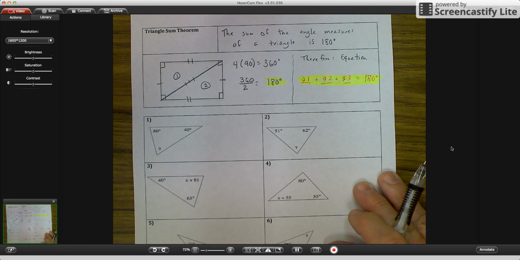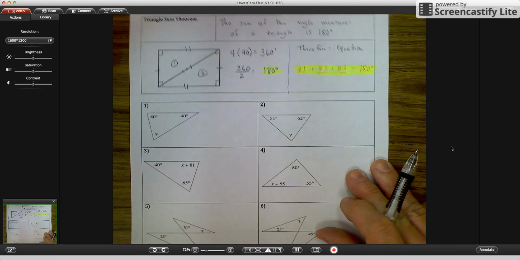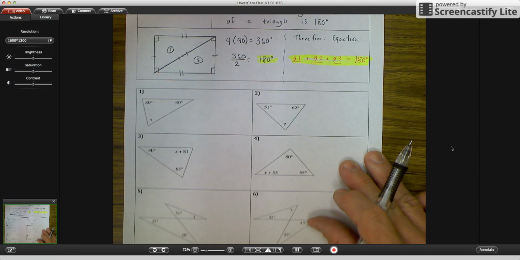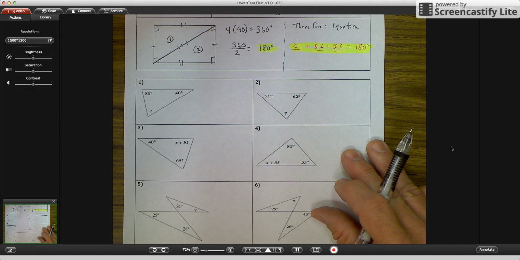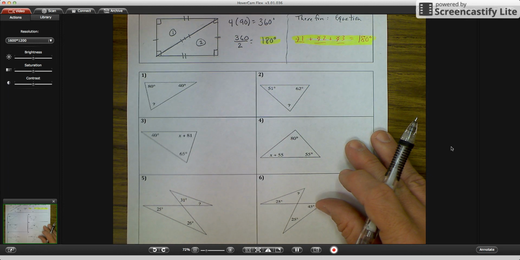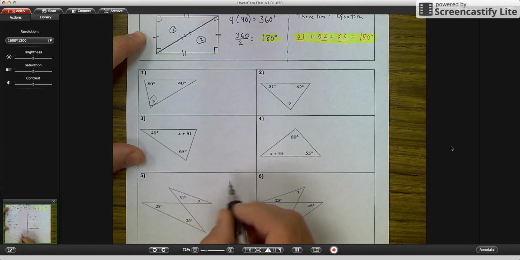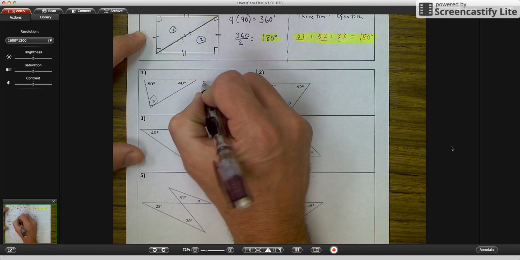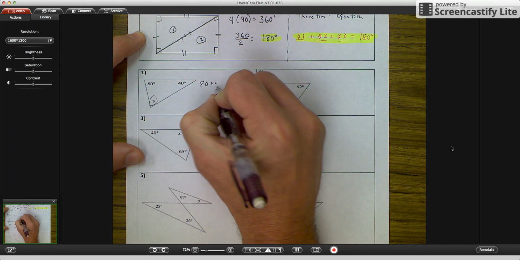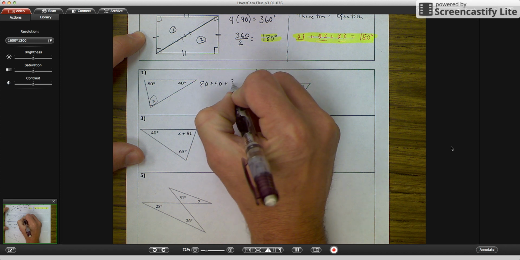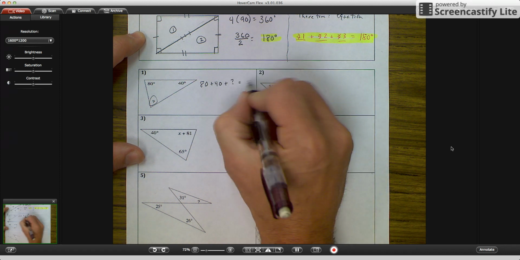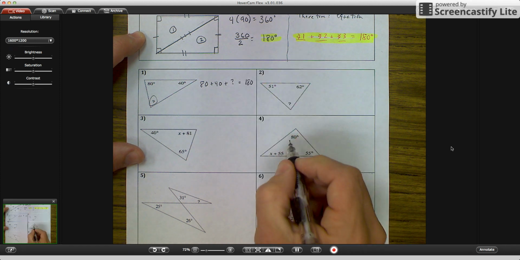Now that you have that, let's go down to the examples. I'm going to do the examples on the left side, and I want you to match the examples on the right. You'll bring them into school tomorrow, and we'll go over them. Number 1, the first one is very straightforward. We're looking for this angle. We have an 80-degree angle, a 40-degree angle, and our question mark. When you add them together, you equal 180.